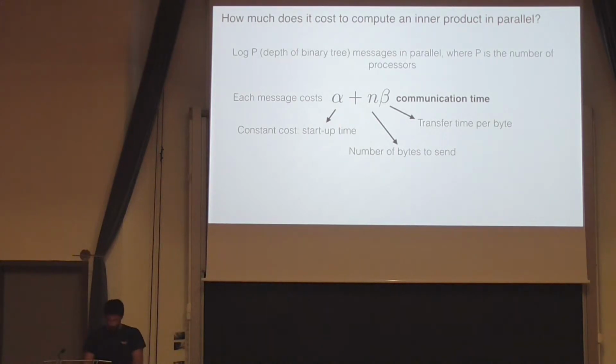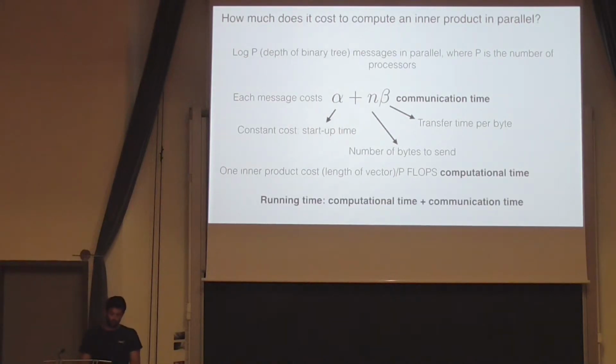So this is the communication time that we have to pay in order to send one message. And the computational time is trivial. Essentially, it's performing an inner product, which is the length of the vector divided by the number of processors, and that gives us the total computational time. So when we put those two together, that gives the total running time for performing one iteration of single coordinate descent. Are there any questions?